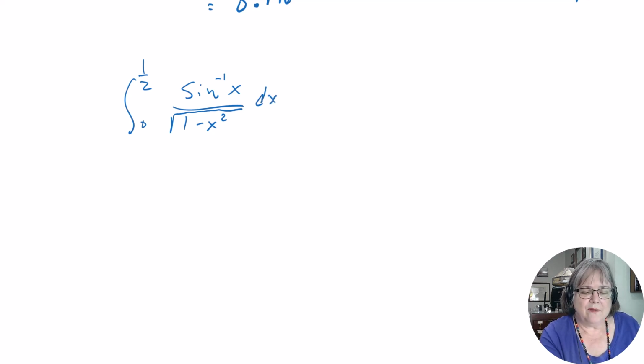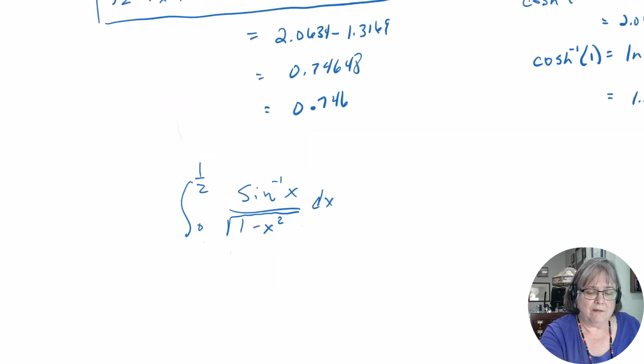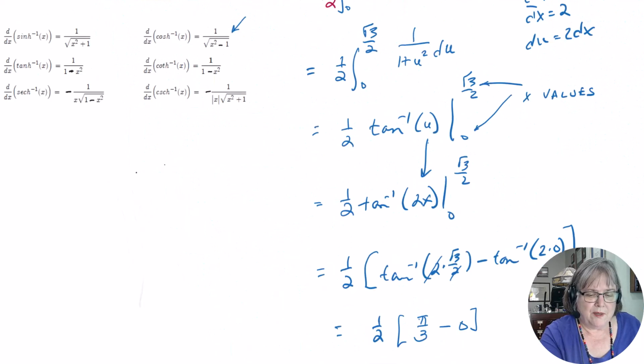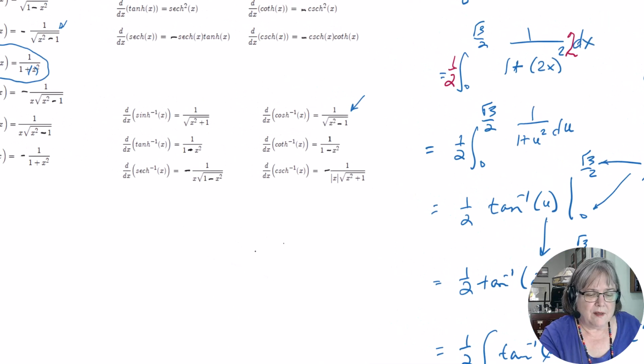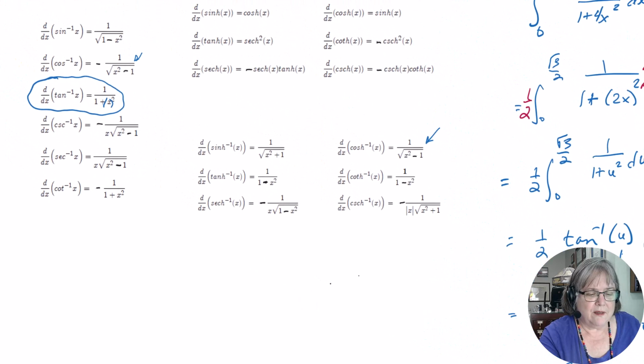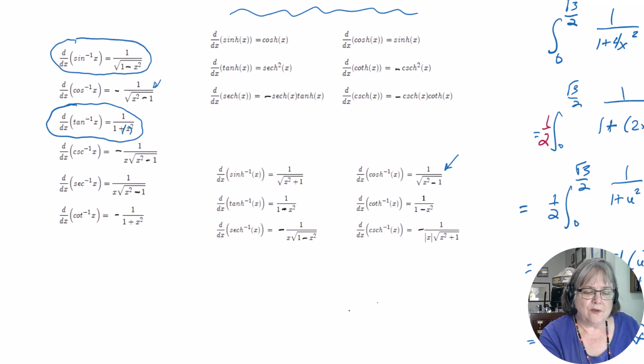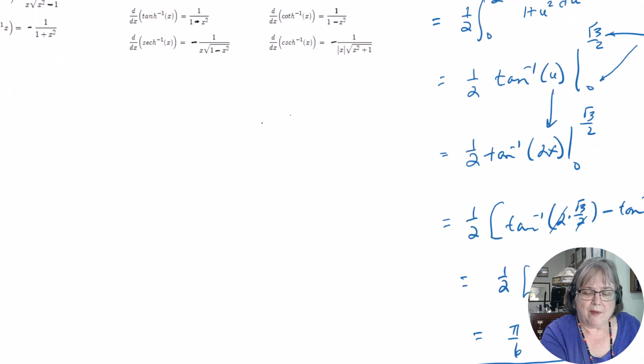This one's got inverse sine in it and a square root of 1 minus x squared in it as well. That's interesting. Okay, so let's go back up in here. Let's look at, oh, look, this one right here. There's that inverse sine, and you'll notice that its derivative is that 1 over the square root of 1 minus x squared. That might be kind of handy.